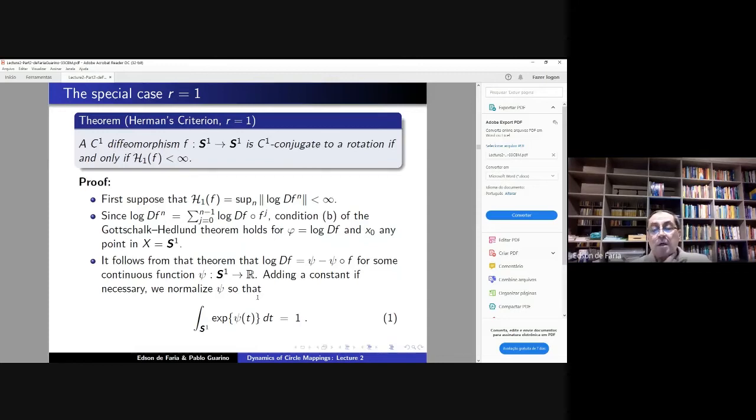So you can write the logarithm of the derivative of f as a coboundary. You can write it as the difference psi minus psi composed with f for some continuous function psi defined on the circle. And of course, if you add a constant to psi, nothing changes, right? So you can choose the constant in such a way that the integral of the exponential of psi on the whole circle is equal to 1, okay?